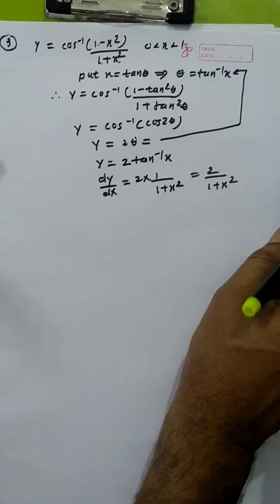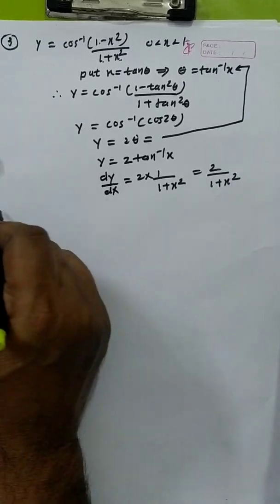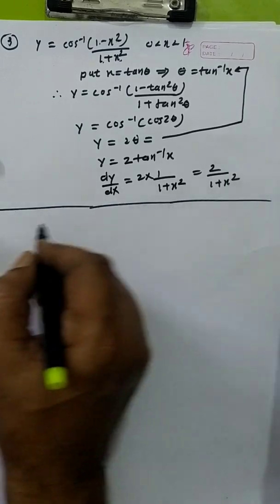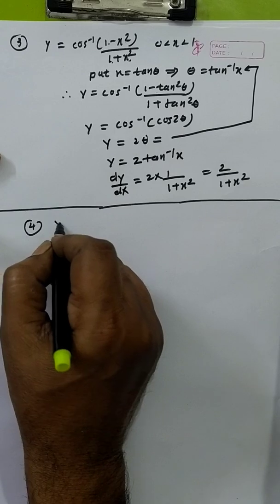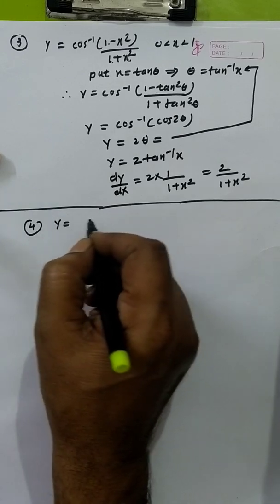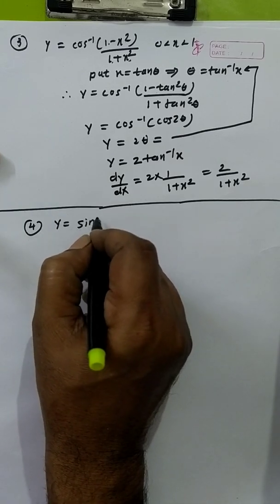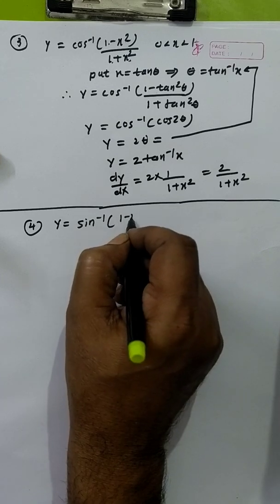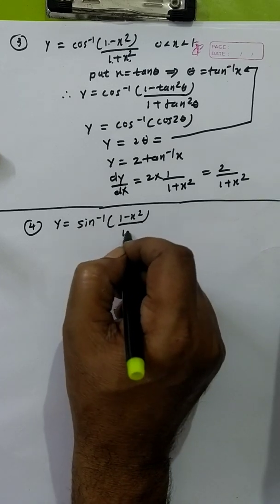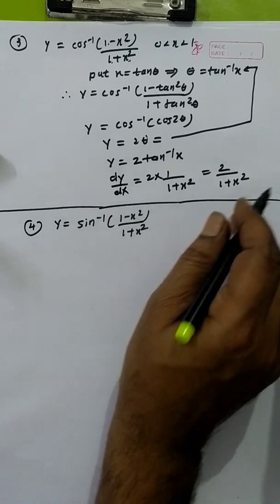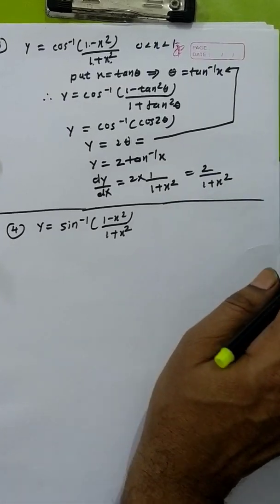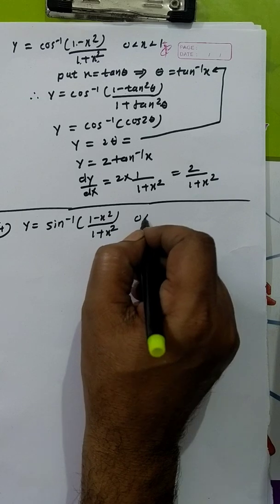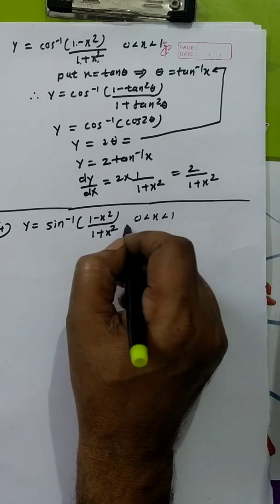So next we will go for y equals sine inverse of (1 minus x square) upon (1 plus x square), where 0 is less than x less than 1.